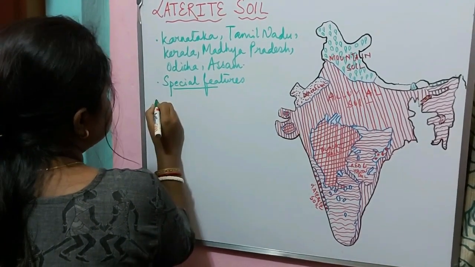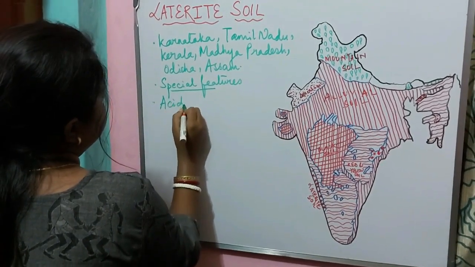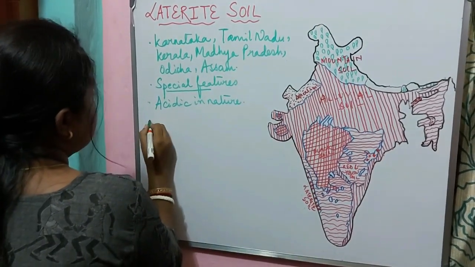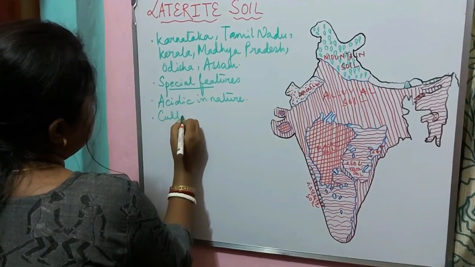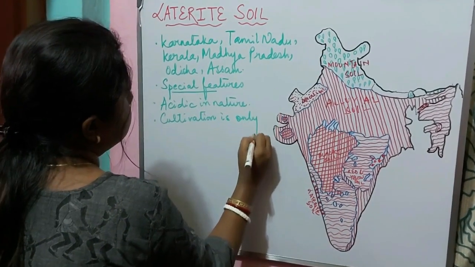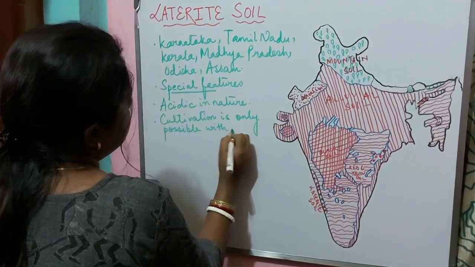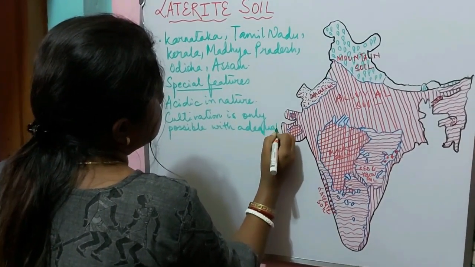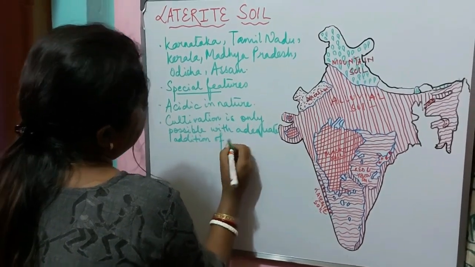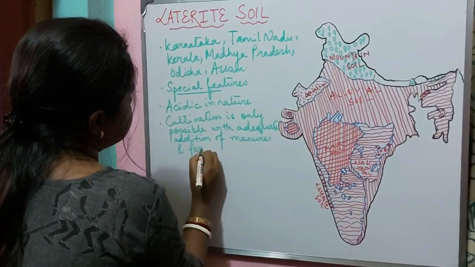What are the special features? This soil is acidic in nature. Cultivation is only possible with adequate addition of manures and fertilizers.